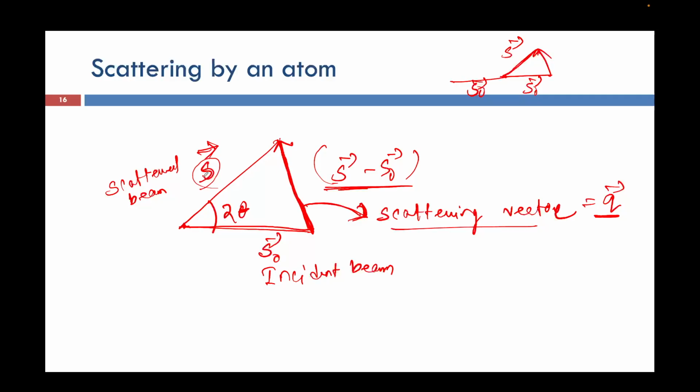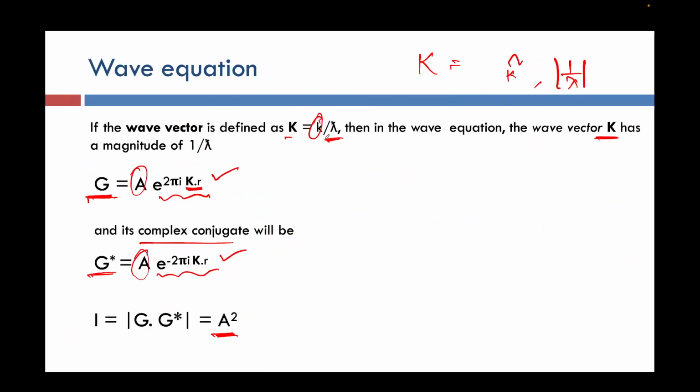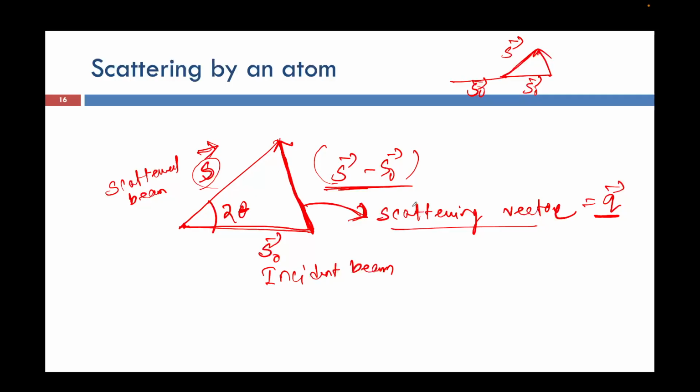If I associate a magnitude, as we have seen here, of 1 by lambda to that unit vector, then the magnitude of S will be equal to the magnitude of S naught, which will be equal to 1 by lambda. That means this magnitude and this magnitude will be the same. So when I am talking about that, I am drawing another diagram here.